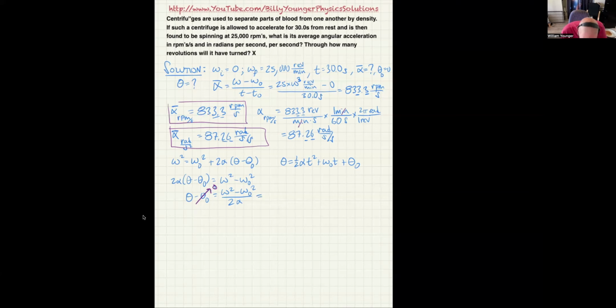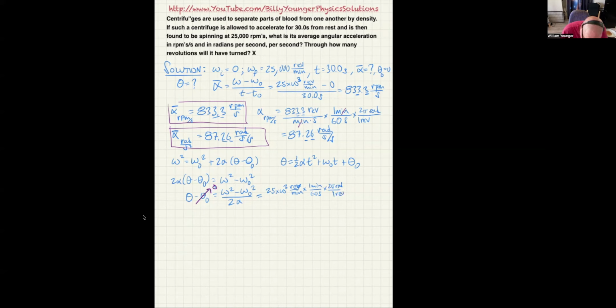So we get omega squared, which is we found 25,000 revolutions per minute, but I really don't want to use revolutions per minute. I want it in radians per second. So I'm going to say times 1 minute is 60 seconds, and then times 2 pi radians per 1 revolution.